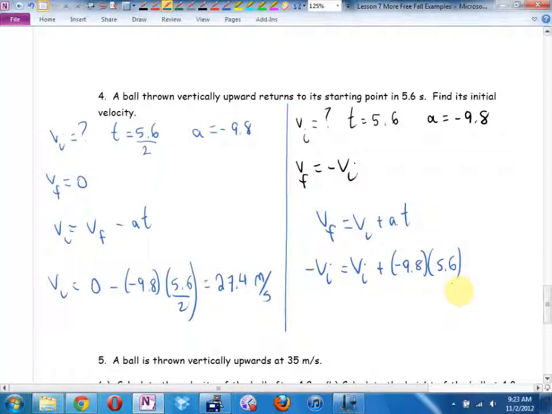How would I move this VI over to this side? What's in front of the VI? It's invisible. A little positive sign? Yes. So I would get negative VI minus VI equals negative 9.8 times 5.6. What's negative VI take away VI? They don't cancel. Negative 2 VI's. Yeah, they're like terms.